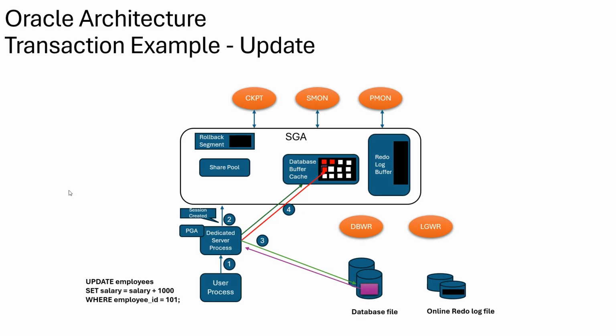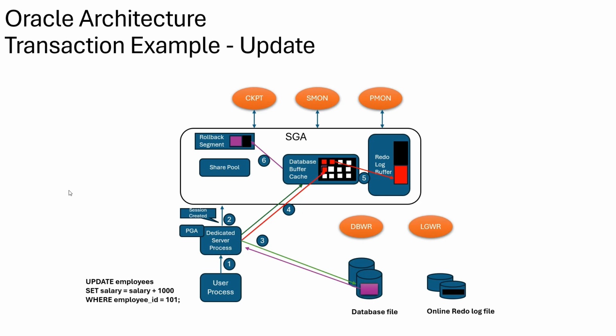These dirty blocks are there right now, with the updated information. The server process moves this information from the database buffer cache to the redo log buffer. The updated information, the changes, will be moved to the redo log buffer. Before the update, it will have a backup copy also, the previous information, kept in the rollback segments, rollback or undo.